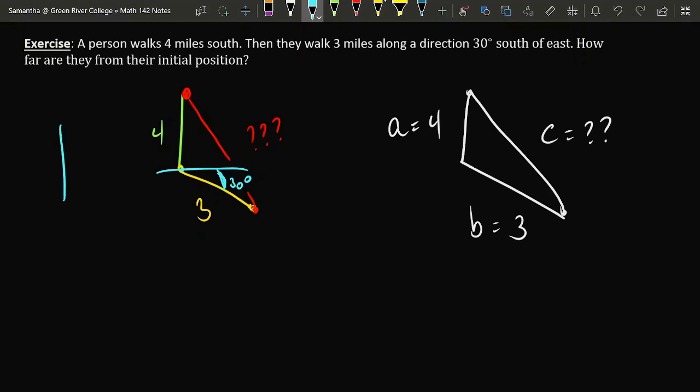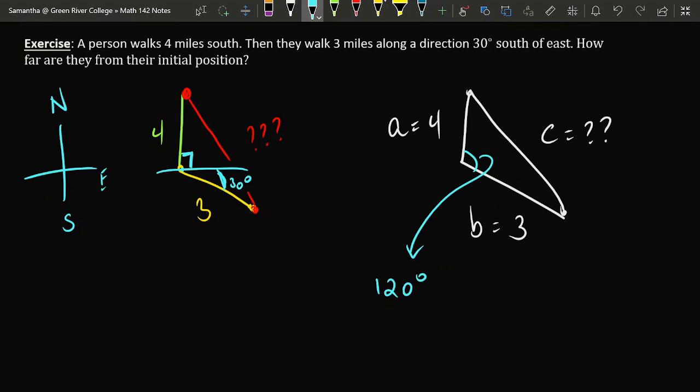Now if northward is directly up, east is to the right, south is to the bottom, as it has been sketched in this image, then going from north to east would be 90 degrees. And then we turn an additional 30 degrees toward the south, giving us an angle of 120 degrees in total there.